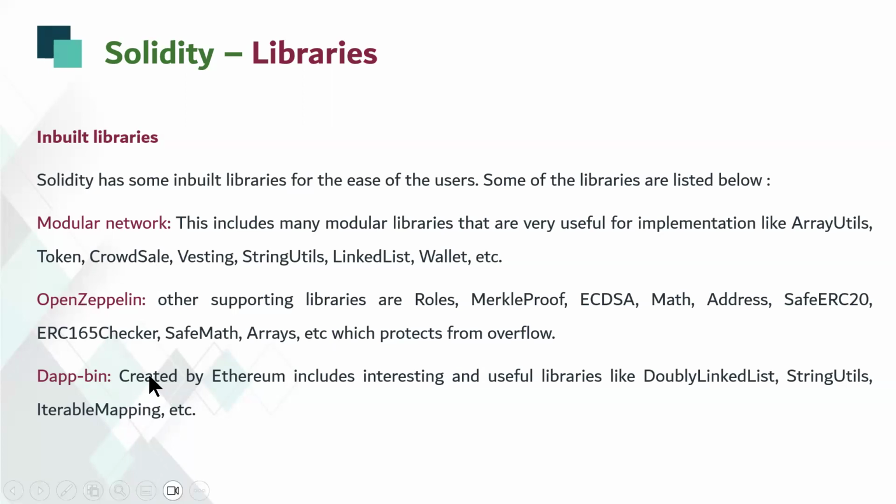Now we have this library also. It's a library collection created by Ethereum. It includes interesting and useful libraries that can be utilized in smart contract development. Some examples include double linked list for efficient management of double linked lists.